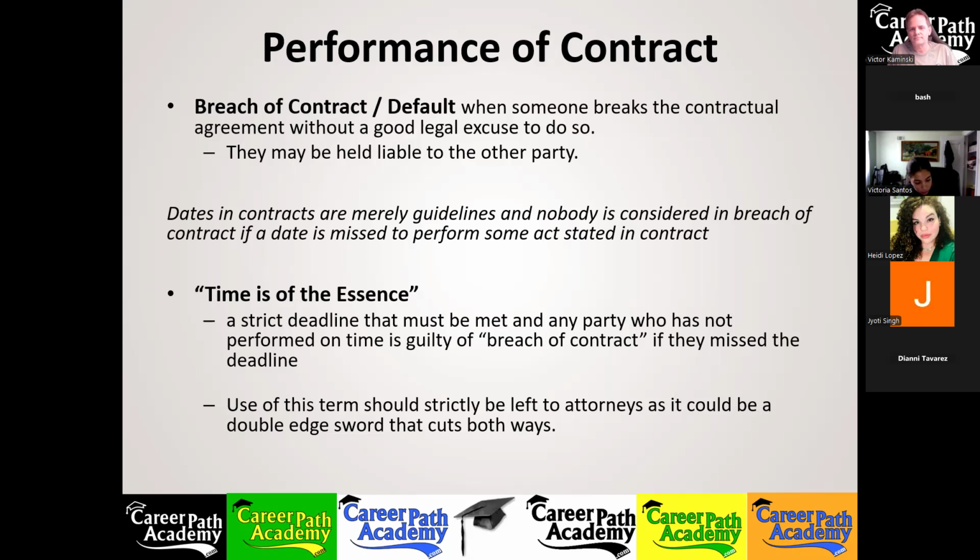Okay. But there are times where we want those strict deadlines to be met, and a time is of the essence order should be issued, but we should leave that to attorneys to do. And we usually do that, like I was saying. The buyer's agent should have produced the mortgage commitment letter by now.